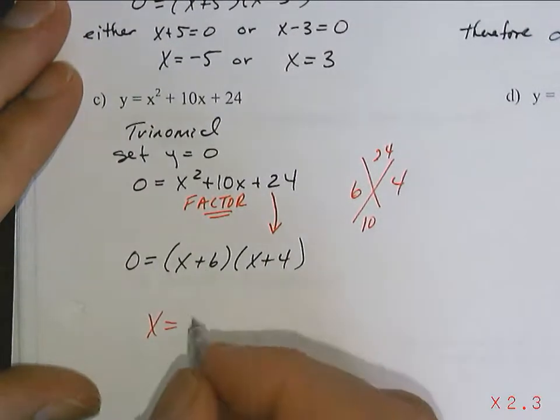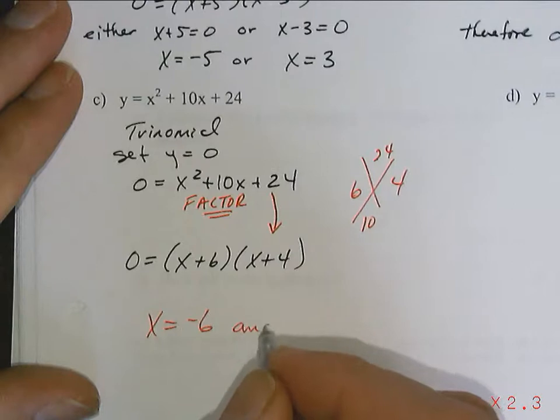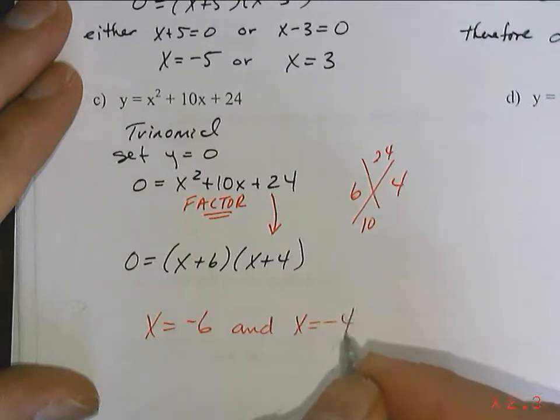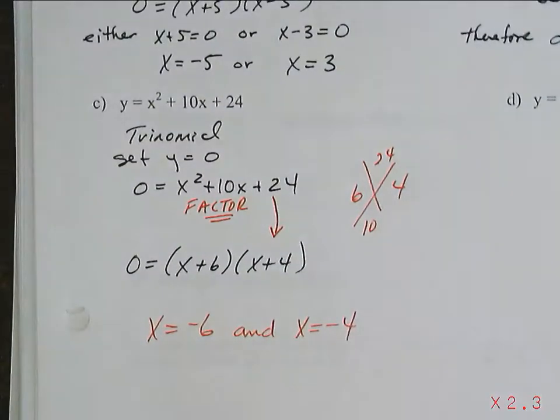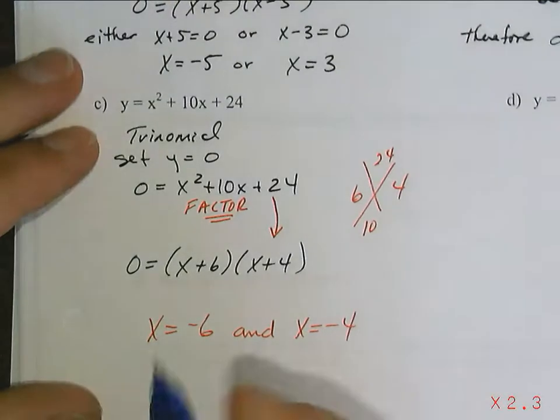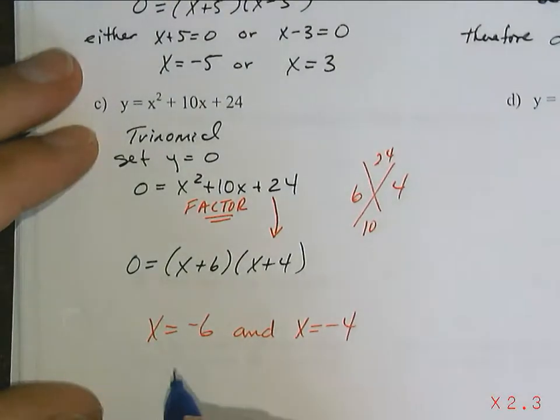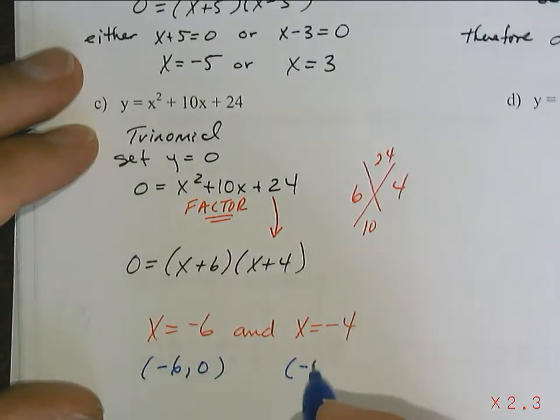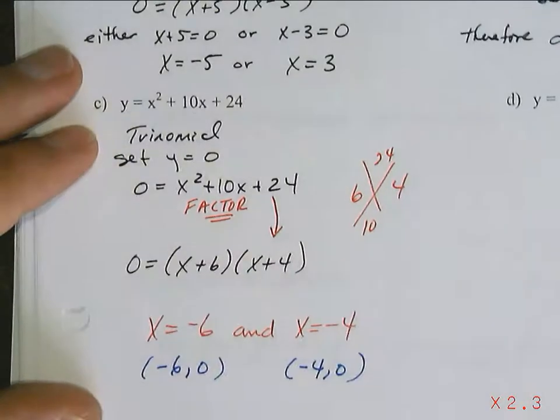Negative 6 and negative 4. You got it. And if you want to do that on the easy ones, full marks. And that'll give you the zeros or the x-intercepts or the places where the graph will cross the x-axis.